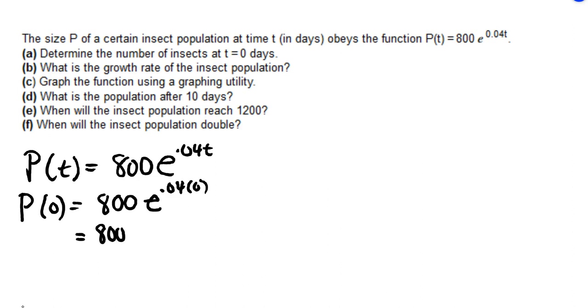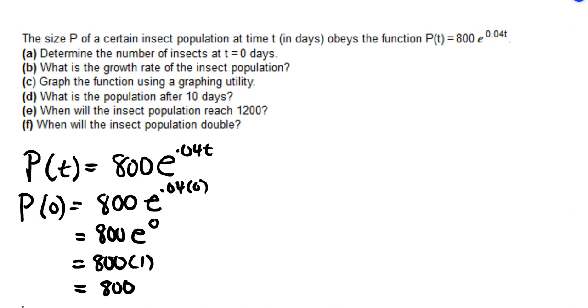That's 800 e to the 0, because 0.04 times 0 is 0. e to the 0 is 1, and 800 times 1 is 800. So the initial population of insects is 800.